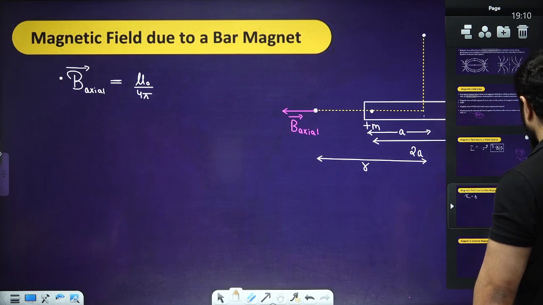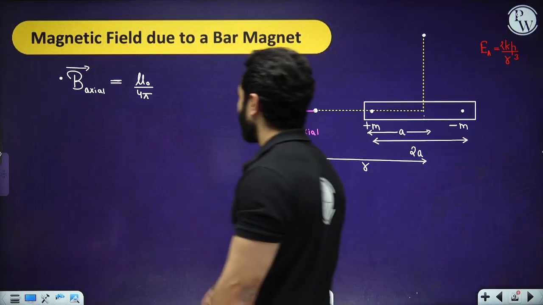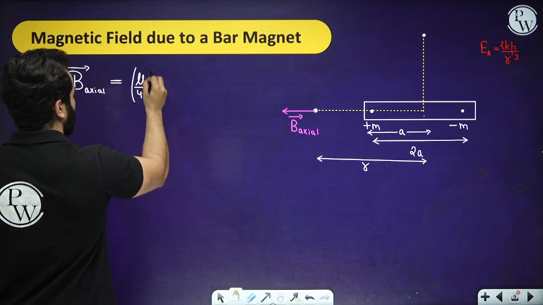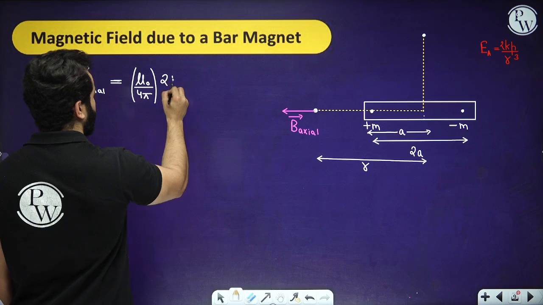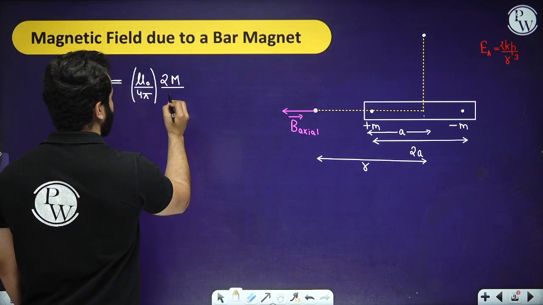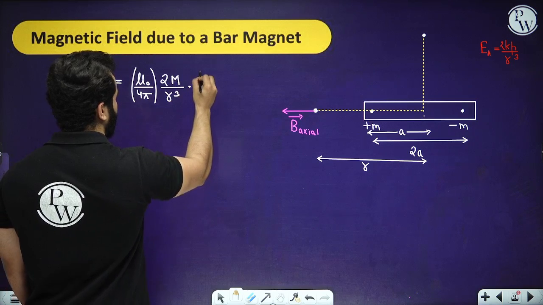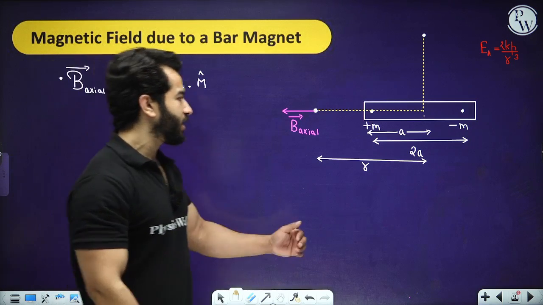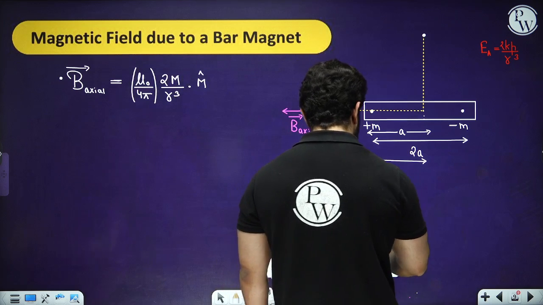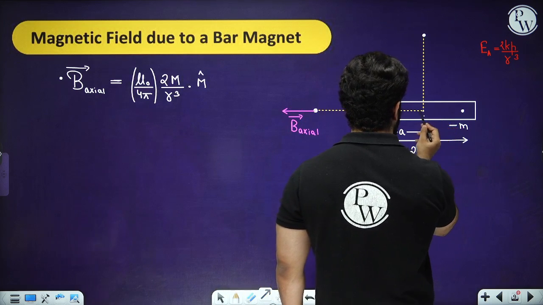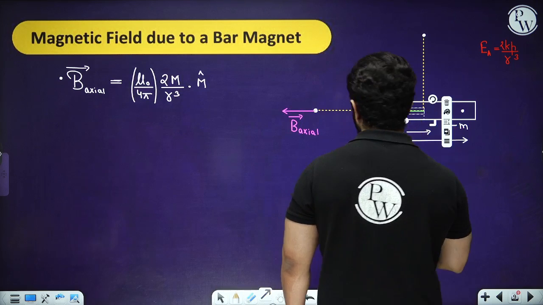Yes, everywhere it's 4 pi. Okay? Mu naught upon 4 pi times 2 times, instead of electric dipole moment, the magnetic dipole moment upon R cube times m cap. So m cap is actually the direction from minus m to plus m. So this is the direction of the magnetic moment, right?